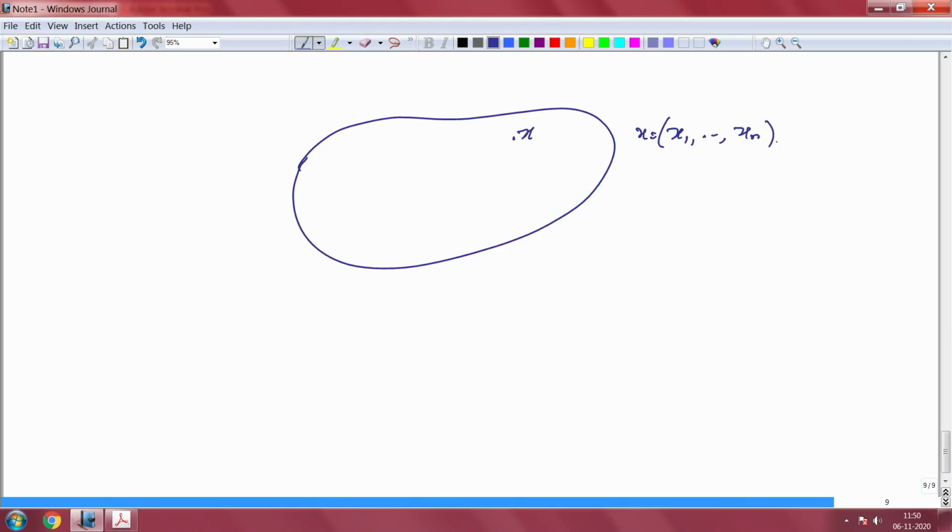if we are able to draw a characteristic, okay, and that is where the initial surface and initial conditions come into picture.